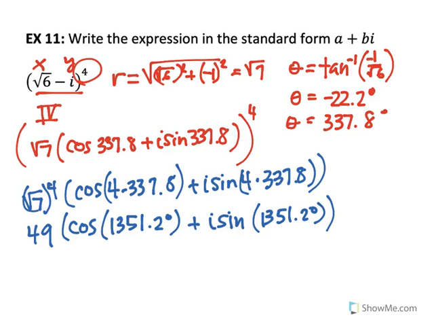And then I'll go ahead and take cosine of 1351.2 degrees, multiply that by 49, and I get 1.02 minus, it does turn into a negative, the I sine 49 times the I sine of 1351.2 degrees gives you negative 48.989, so it's actually going to round, in this case round down because it's negative, to 49.0 I. And that is in the form of A plus BI.